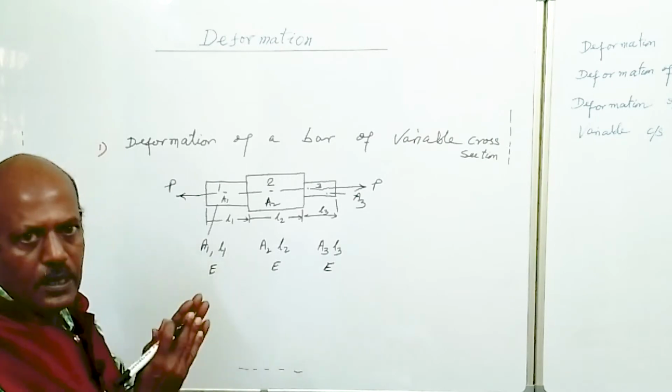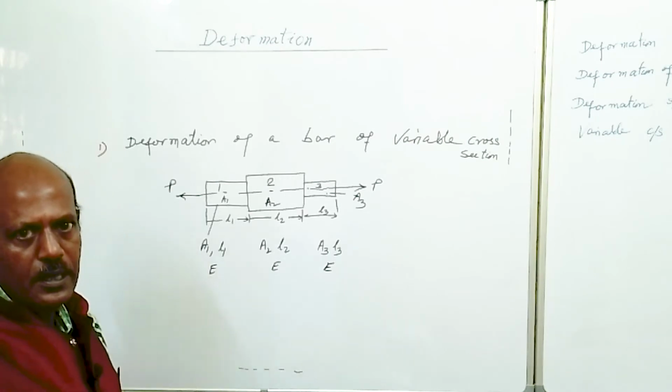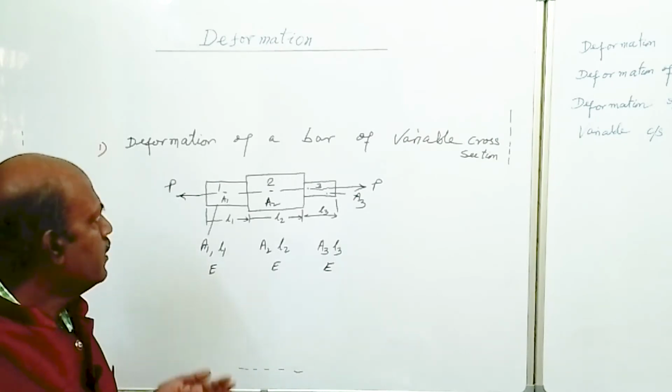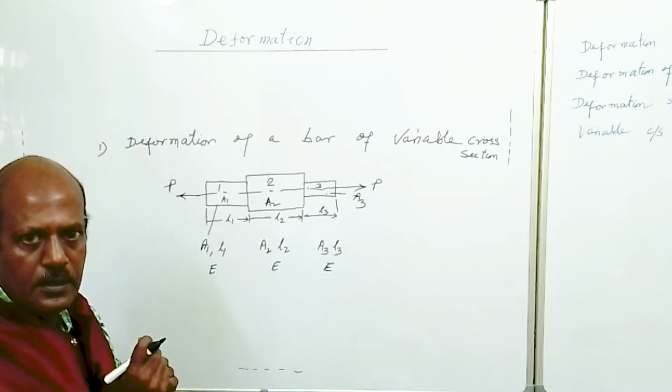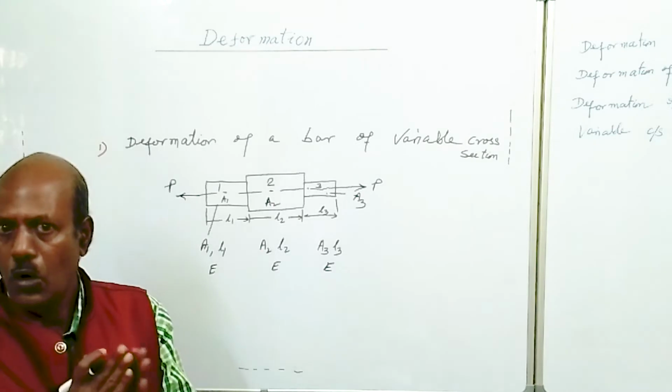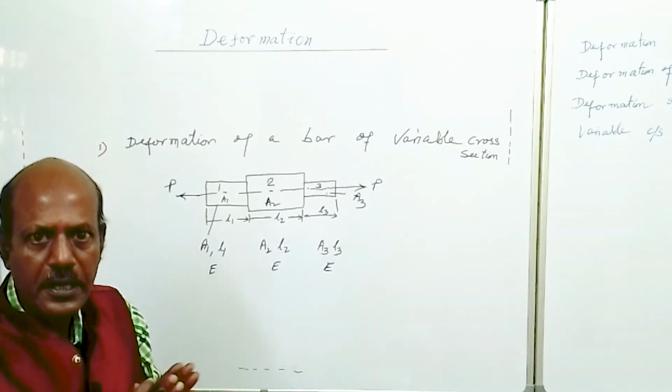Now once the load P is applied over the variable cross section bar, from the figure it is clear that all the sections are taking the same load.